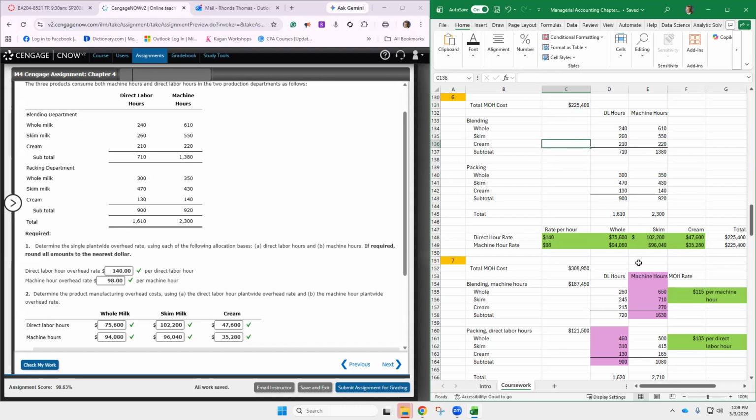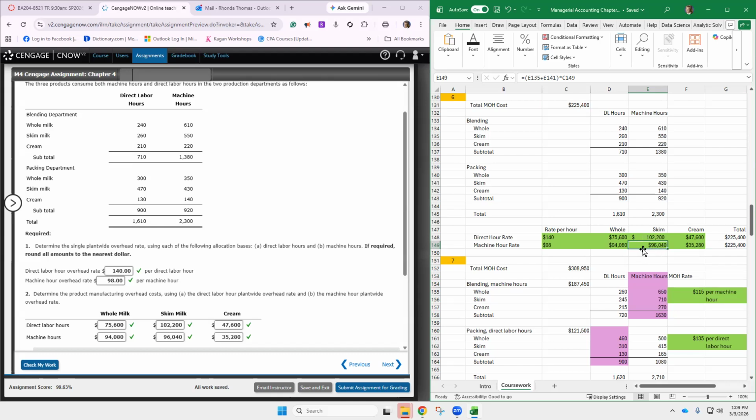But when it comes to machine hours, it looks like skim is still the highest, but with whole there's a big difference; they get quite a bit more. So if you're skim, you don't really care because you're actually ending up with a little bit less.